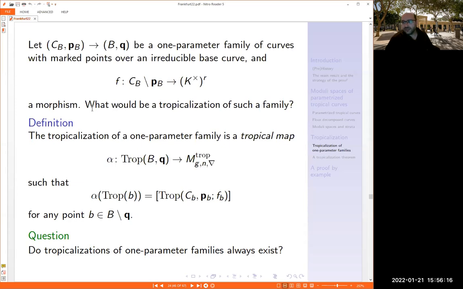You must do some alteration on the base. In the case of curves, it is just a finite covering. And then you can achieve a model of your family such that the base is smooth, the fibers are generically smooth, and those that are not smooth are stable. So in a sense, this is something you must do in order to pass to the log smooth setting where the tropicalization works most naturally.